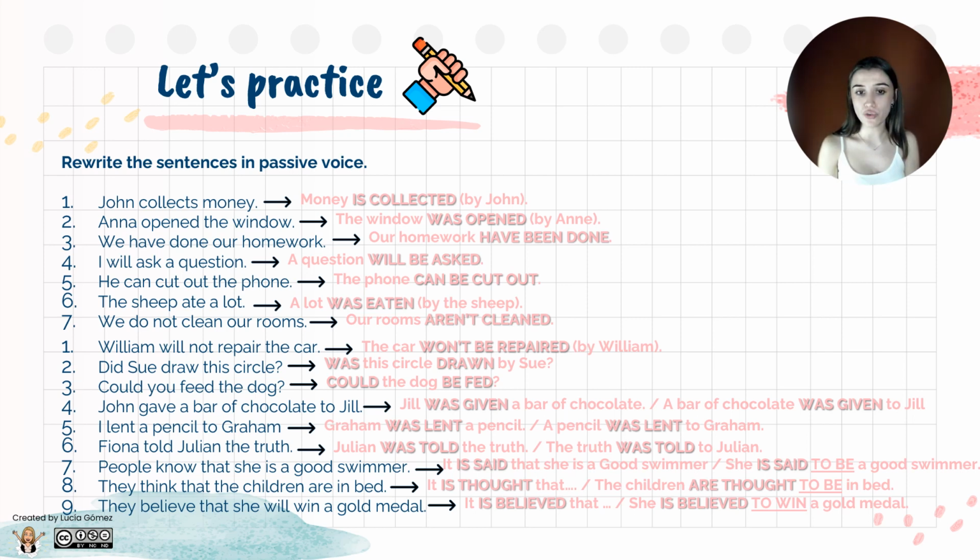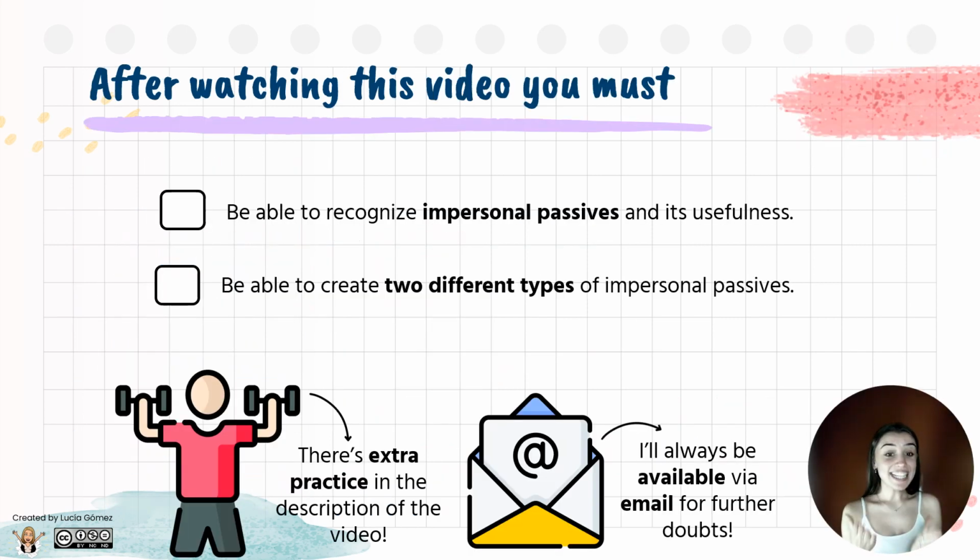You'll have some extra exercises to practice just below, and I imagine that you are now a bit more familiar with this structure. And this said, after watching this video, you must be able to recognize what impersonal passives are, what is its structure, and above all, its usefulness.